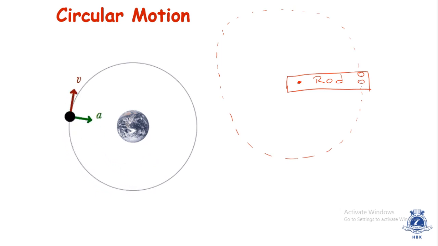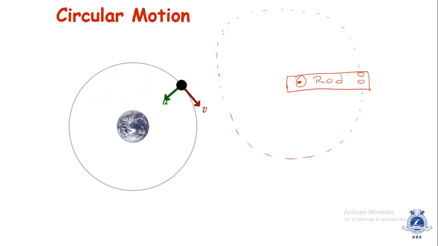So basically, for rotational motion, the axis should pass through the body, and in case of circular motion, the axis may or may not pass through the body. So it's quite simple. Again, for a fan, the axis of rotation is exactly at the center, and all the particles which are not at the center will perform circular motion.